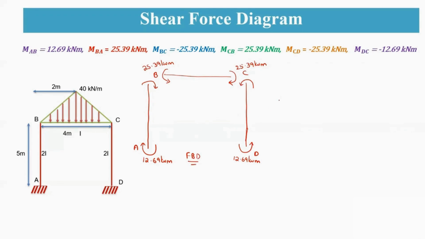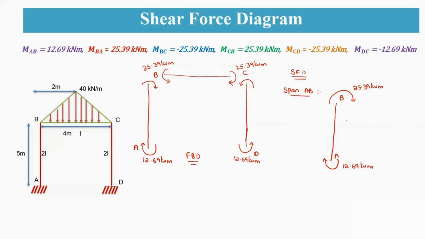So after the moments are represented, how are you going to draw the shear force diagram? For the shear force diagram, I am considering span AB. So if you just consider span AB, this is A and this is B, which is having 25.39 kilonewton meter at B, and at A you are having 12.69 kilonewton meter.